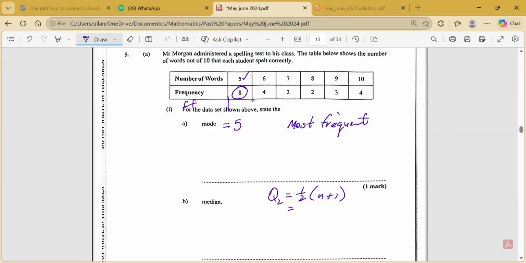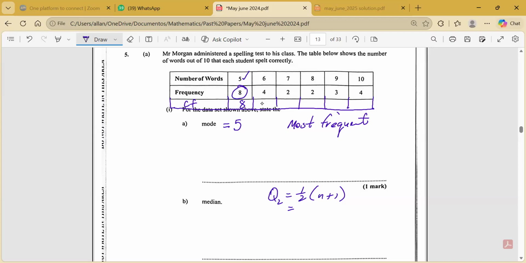What will be the first thing in your CF? Somebody. What's the number that goes here? 8.